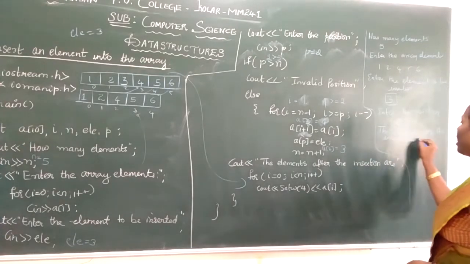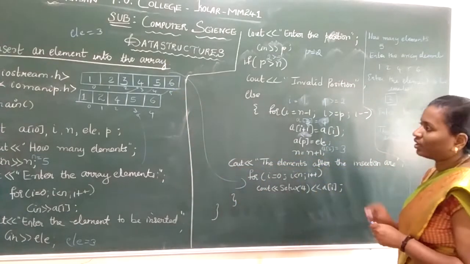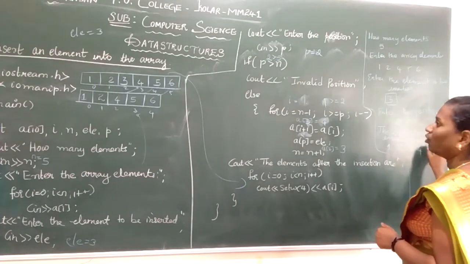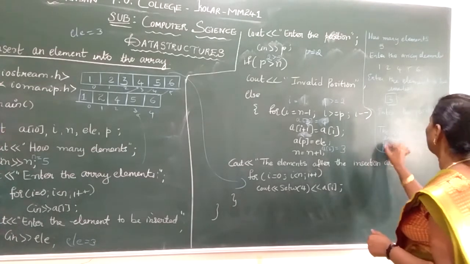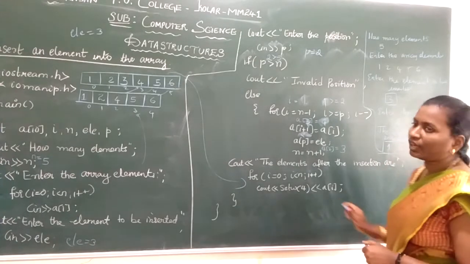What are the elements after the insertion? We have 1, 2, 3, 4, 5, 6. So this is the array we will get after inserting an element into an array.